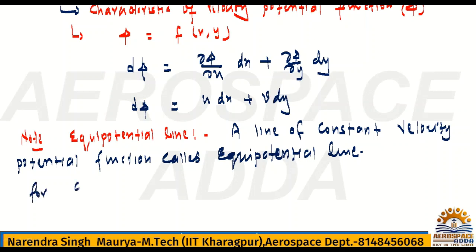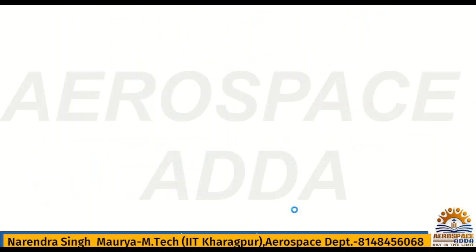Okay. So for the equipotential line, what will be phi? Phi will be constant. Yes or no? For the equipotential line, phi will be constant because the equipotential line itself is defined as a line of constant velocity potential function. What is the velocity potential function? Phi.